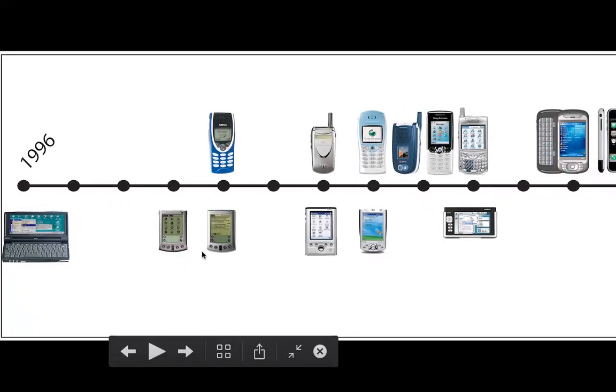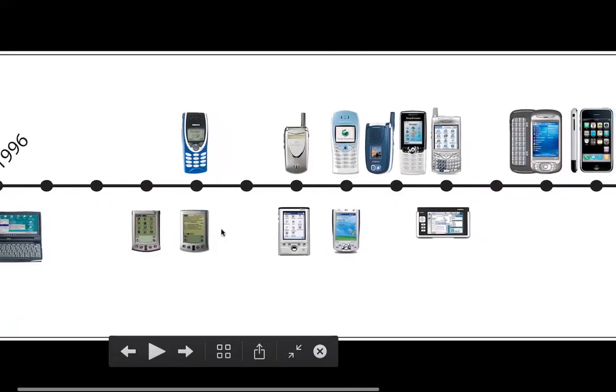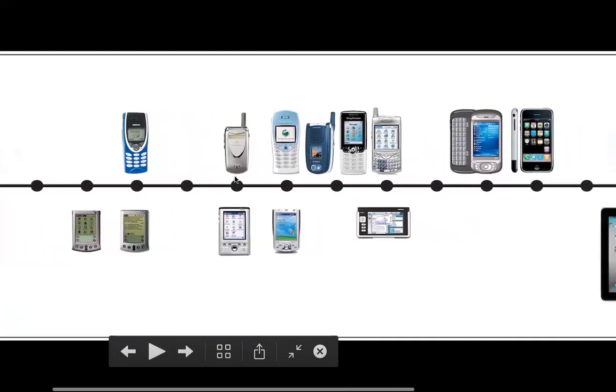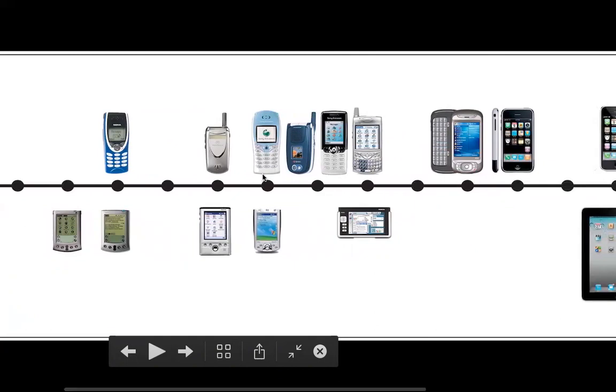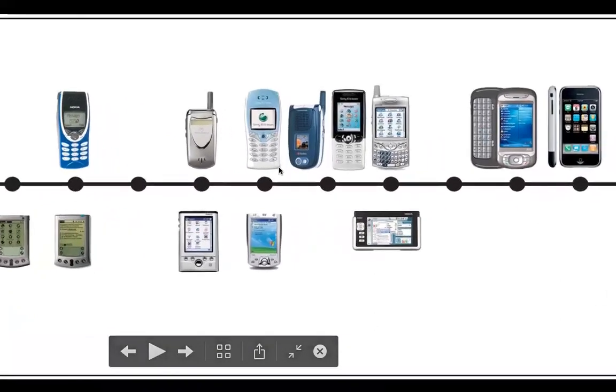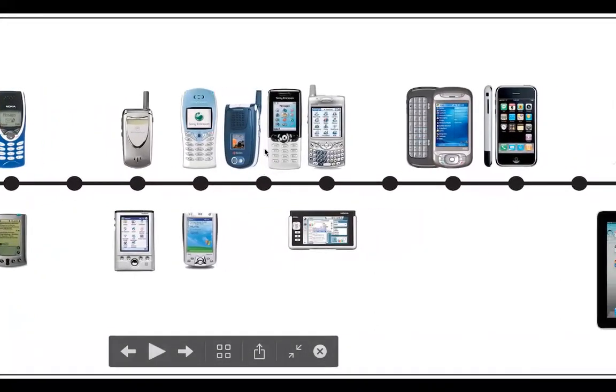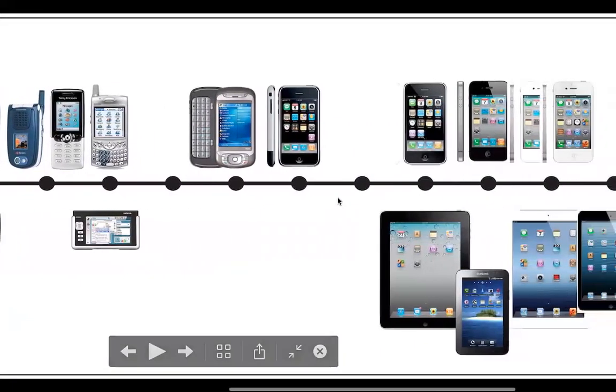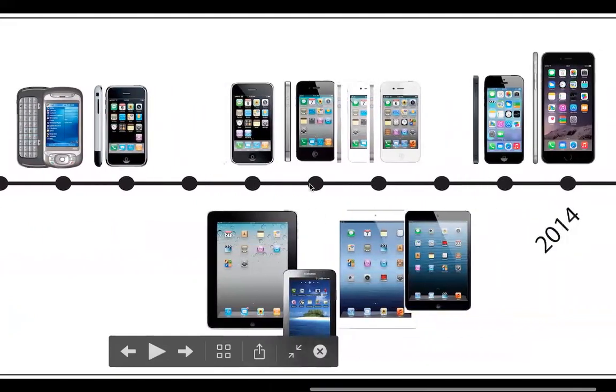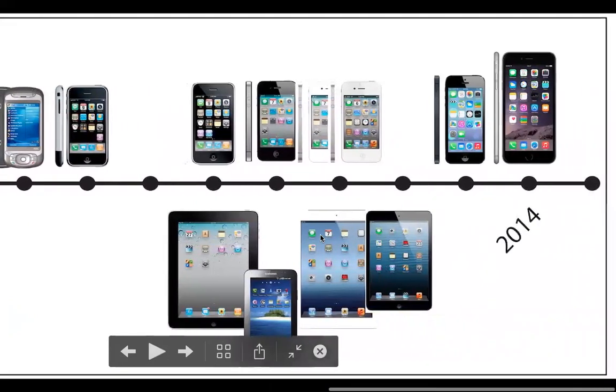Then we progressed to Palm Pilots, very elementary digital phones, then flip phones, and phones that can take pictures, and then started having apps and the BlackBerry and so on, to eventually what we know now as smartphones and tablets and devices.